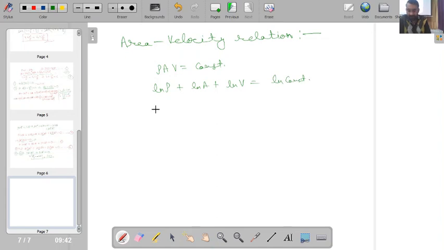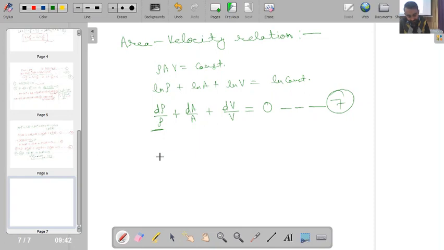Now if I take the differential, I will get d rho by rho plus dA by A plus dV by V is equal to 0. Say this is equation number 7. Now my interest is to find out this parameter d rho by rho, because we want to find the relation between area and velocity.